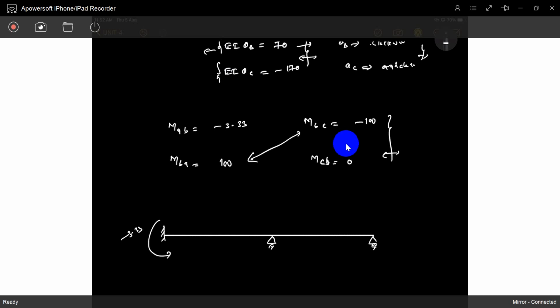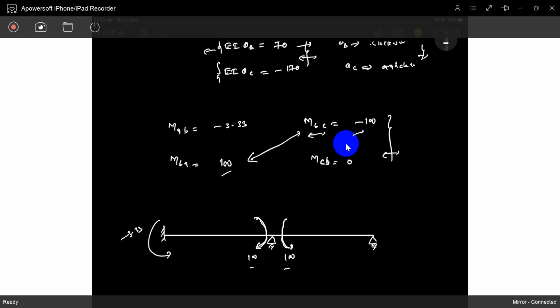BA is clockwise, this is 100. MBC is anti-clockwise, this is 100. Both are 100. If you write 100, 100, you have to mention the sign. There is no sign convention, that's why we give positive and negative. If you directly write 100, 100, one is positive and one is negative, so you have to represent the direction. If you represent the direction, there is no need for a sign.